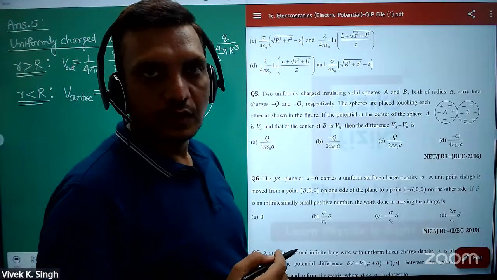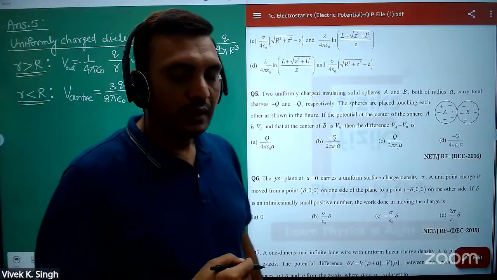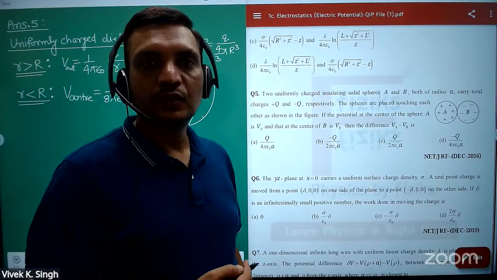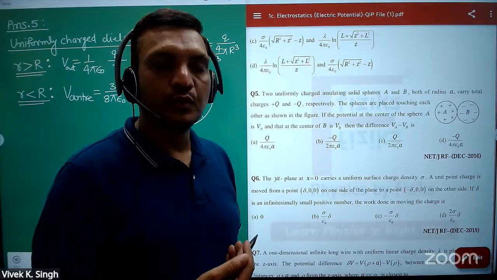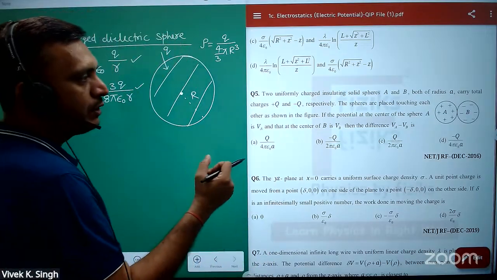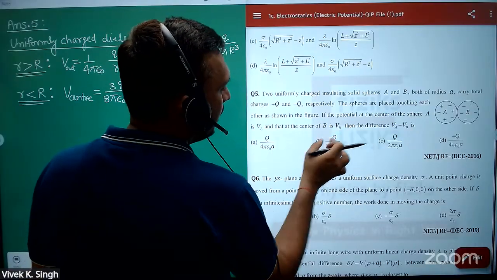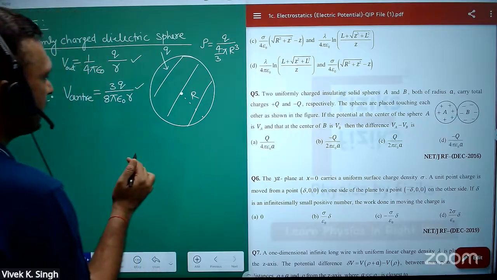If you have more than one charge, then you have to find the potential due to individual charges and then take a scalar sum. So here you have two dielectric spheres.